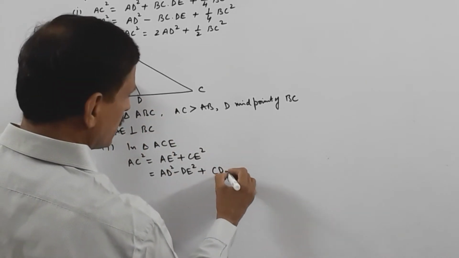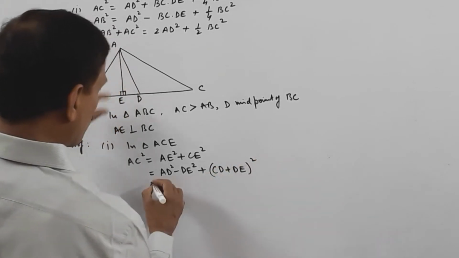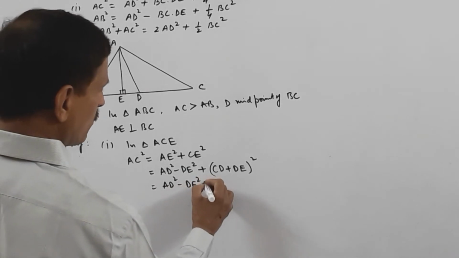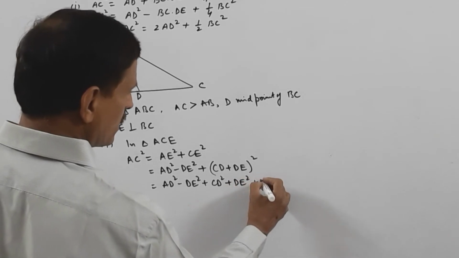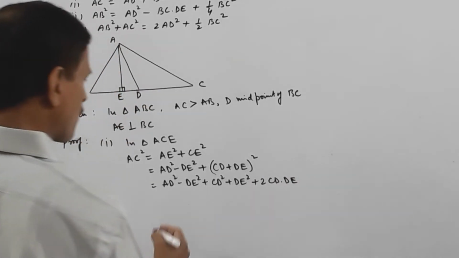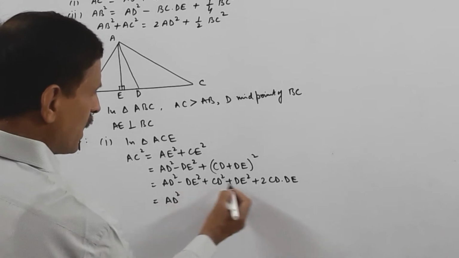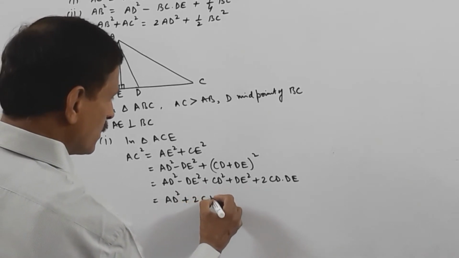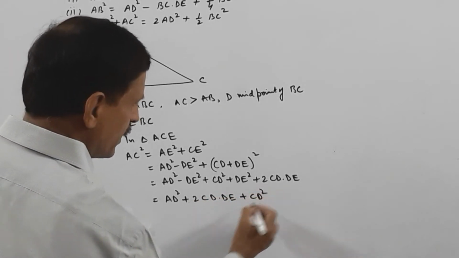This is (CD + DE)², that is equal to AD² − DE² + CD² + DE² + 2·CD·DE, which is AD², DE² is cancelled, plus 2·CD·DE plus CD².